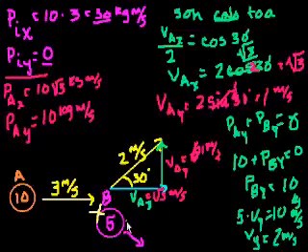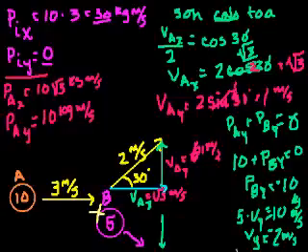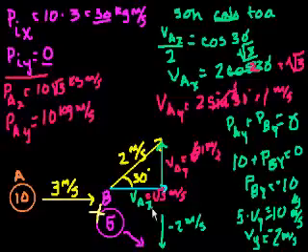We figured out B's velocity in the y direction, and this is a minus, because the momentum was minus 10. It's going down. A's velocity was positive 1 going up, and the minus carried through. So this is a velocity of minus 2 meters per second for B in the y direction.